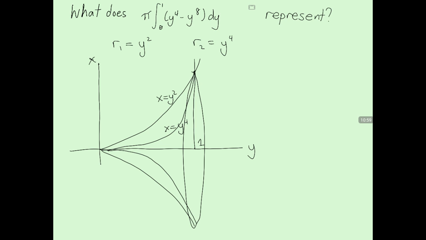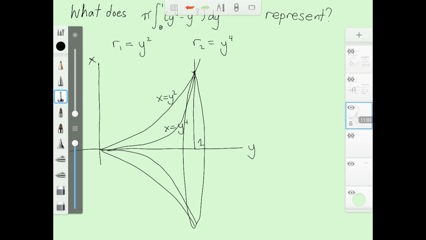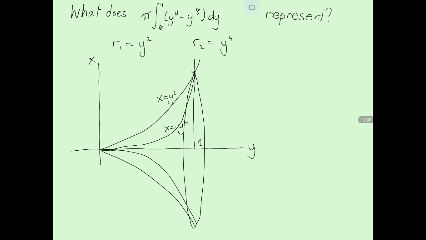So, in a sense, what this is equivalent to is if we had, let's use a different color here, this area and we rotated it around the y-axis, then we would have that volume of the shape be equal to this integral.